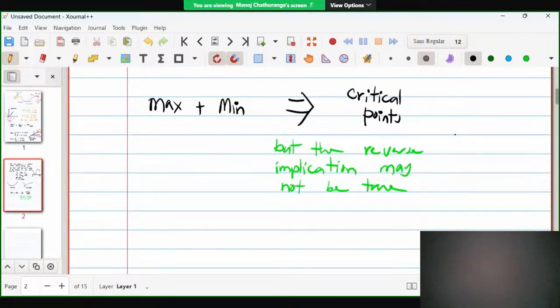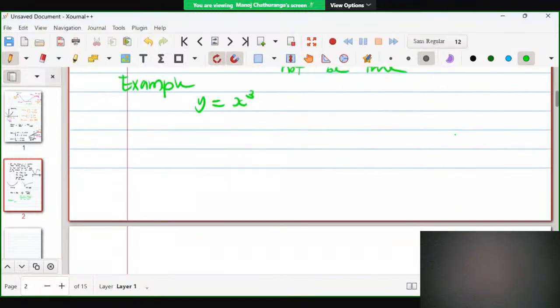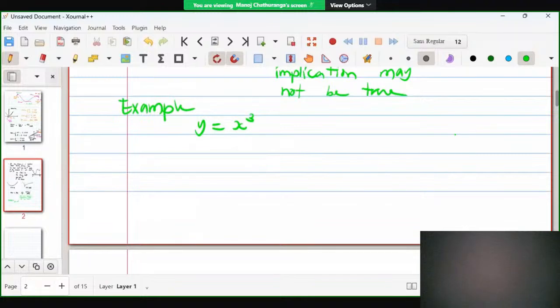Let me give you an example. Let's think about it: y equals x cubed. The derivative is 3x squared. So derivative equals 0 means x equals 0.